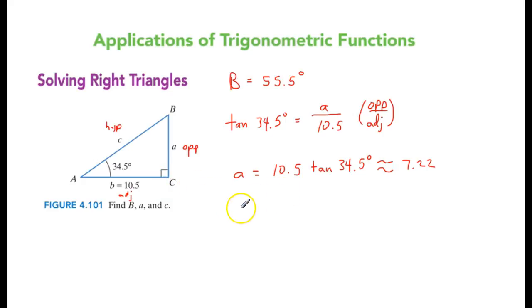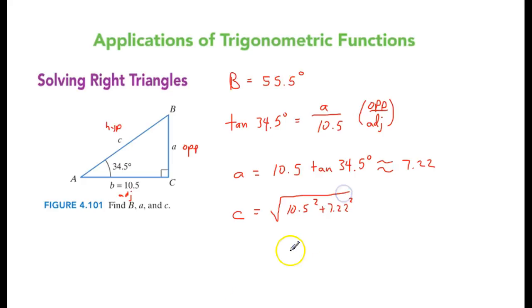Now, all we have left is C. We could set up a trig function for C, but at this point we have the Pythagorean Theorem that we can use. So C equals the square root of these two added together squared. So 10.5 squared plus 7.22 squared.